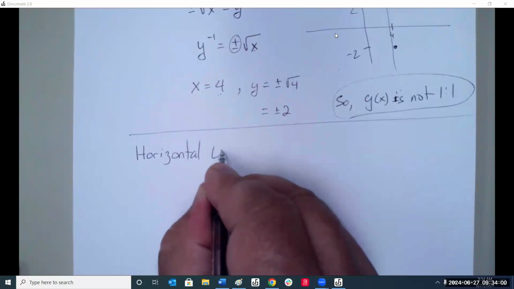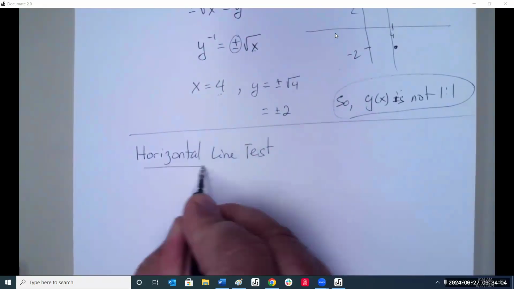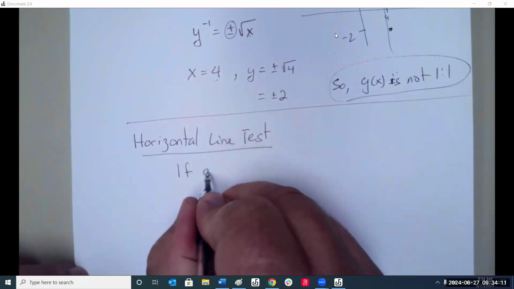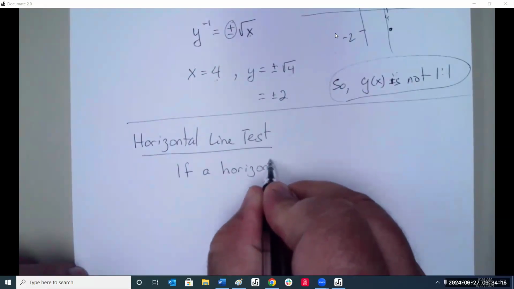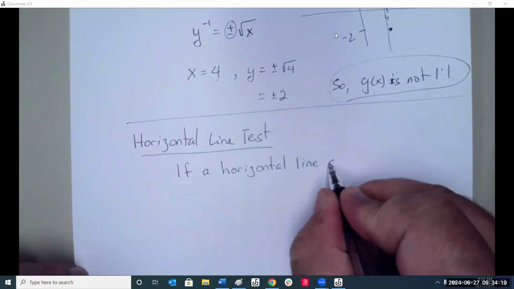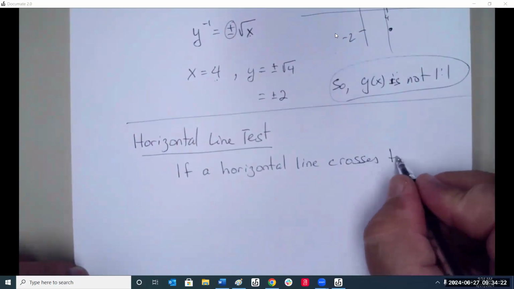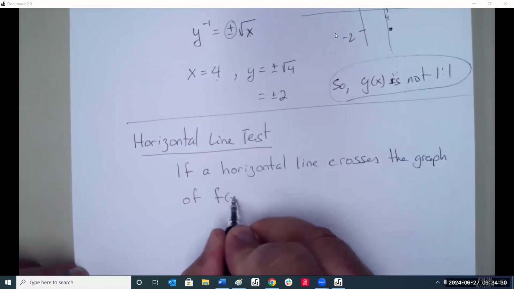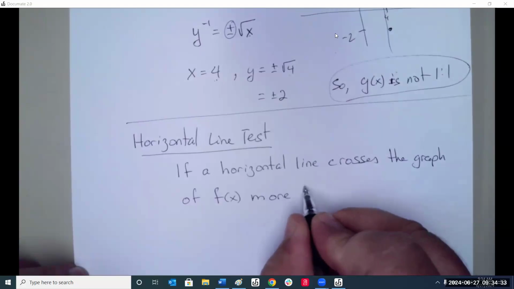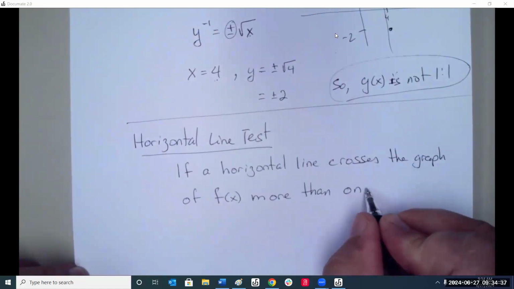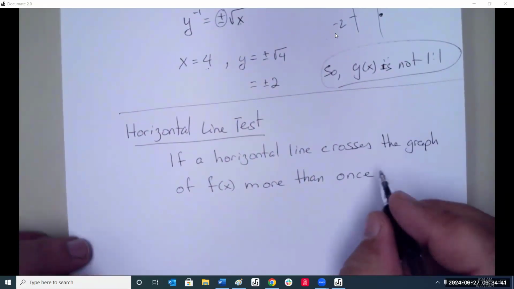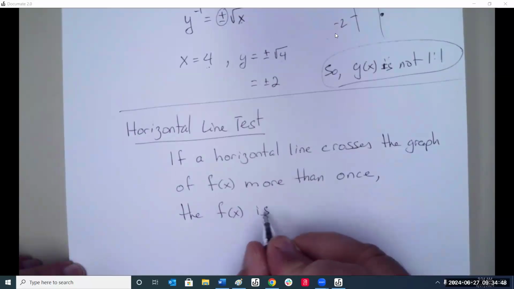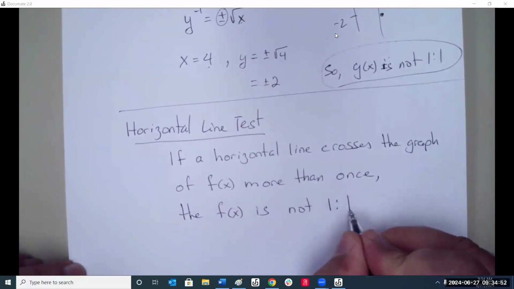The horizontal line test. If a horizontal line crosses the graph of a function more than once, the function is not 1-to-1.